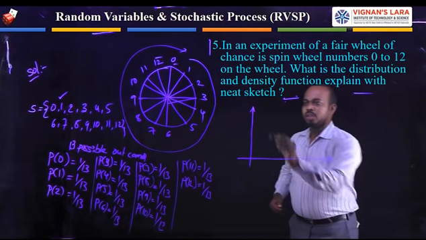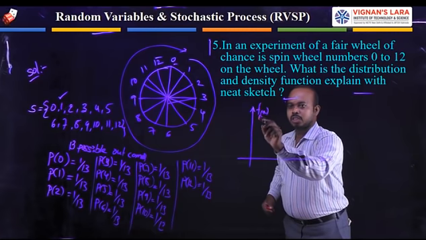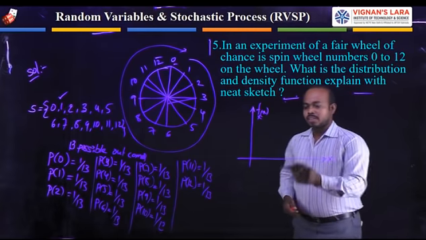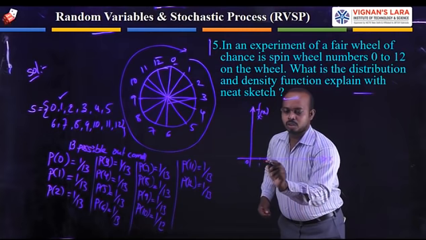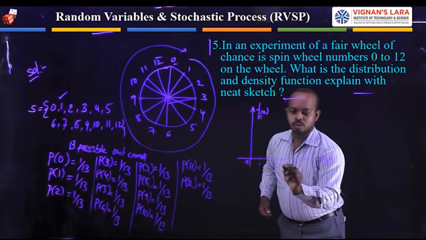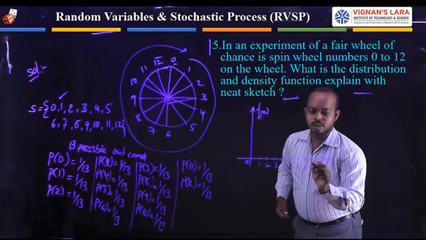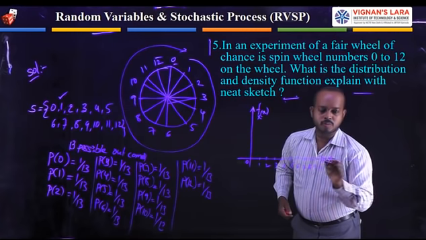Based on that, here I am drawing the graphical representation of the density function. On the x-axis I am representing the elements 0, 1, 2, 3, 4, 5, 6, 7, 8, 9, 10. I'm extending this line.